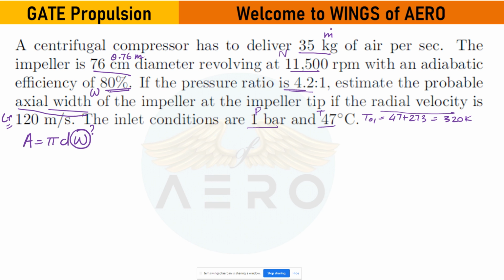Mass flow rate is also given. What is mass flow rate? Rho A V. Now can I say rho into A of the impeller into CR? Can I write like that? Yes. CR is given. What about rho? How to find out the rho?